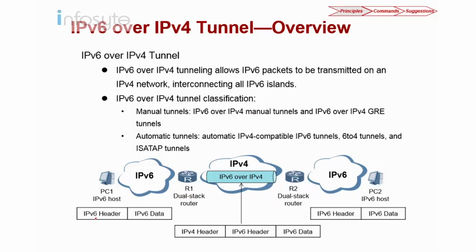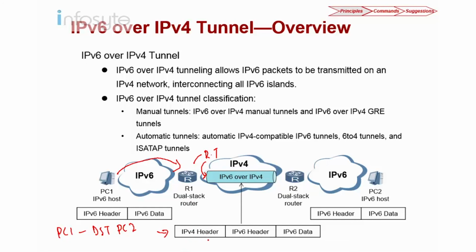Now when this data, in this case PC1, wants to go to the destination PC2, the packet is sent to router 1, which looks into its routing table. And in the routing table, it will mention that, hey, I have a tunnel. So I'm going to include the IPv4 header because the tunnel is IPv4 only.